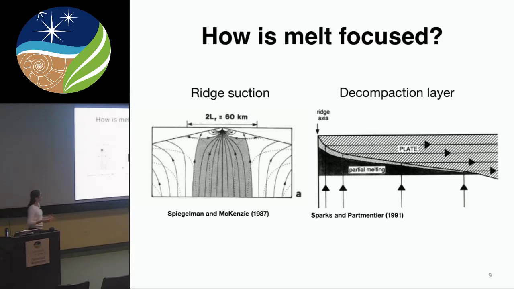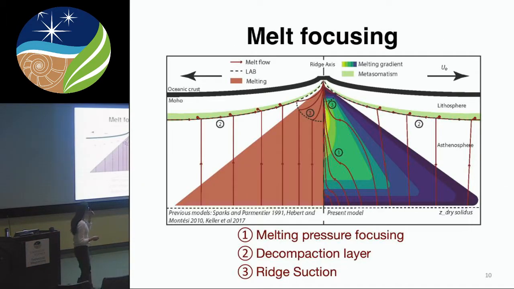So by the end of this talk, or at least the end of this section, I hope to convince you that we actually see another mechanism from using this melt and mantle dynamics. And so what I was describing before, what's been seen in a lot of models, is this ridge suction effect, which is labeled 3, and then a decompaction layer effect on the sides.